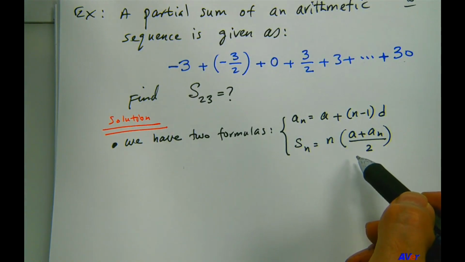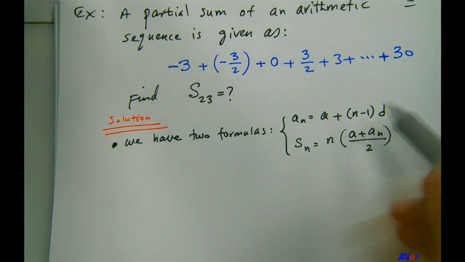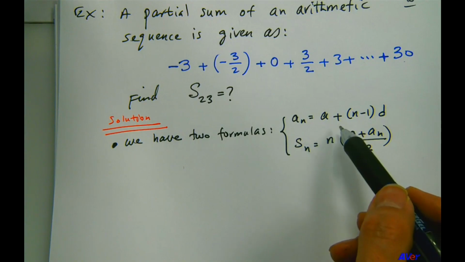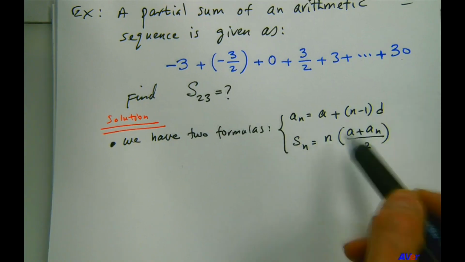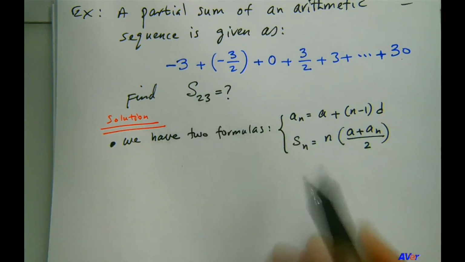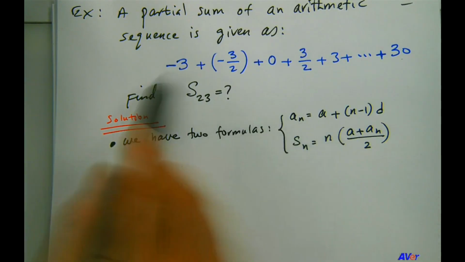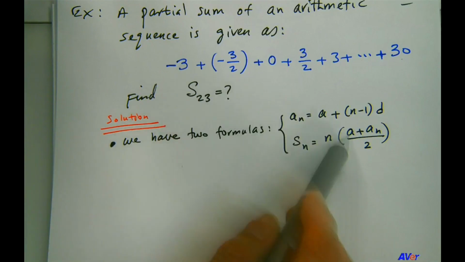Let's see, given some numbers like that. To find S23, we can simply then, do we know the first digit in the partial sum?